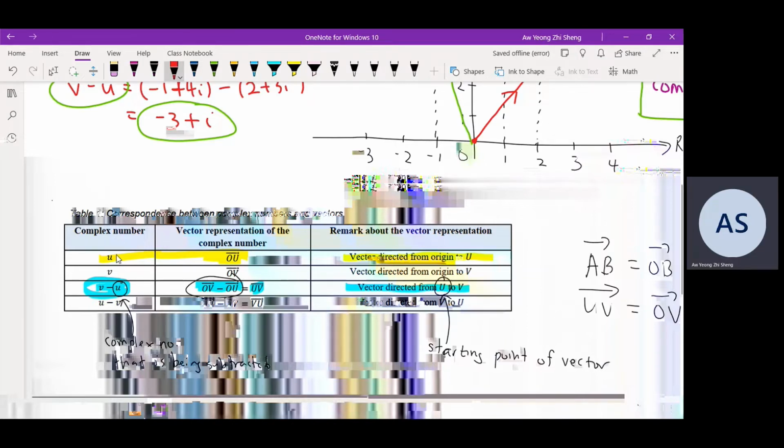Similarly, the single complex number U that we had in the first row of this table can be interpreted as U minus 0, right? U is equal to U minus 0.